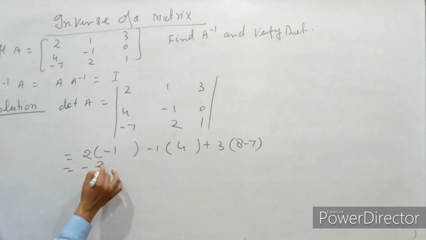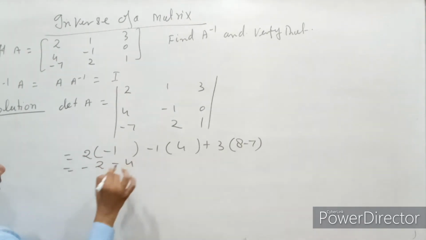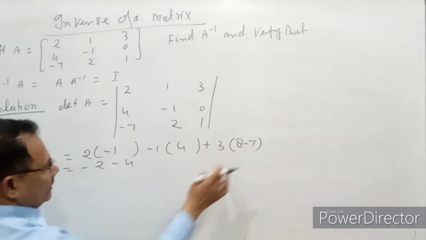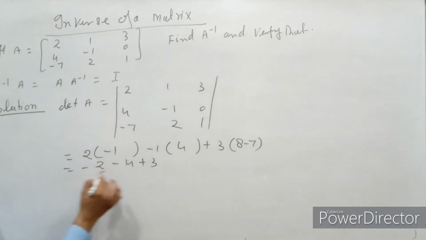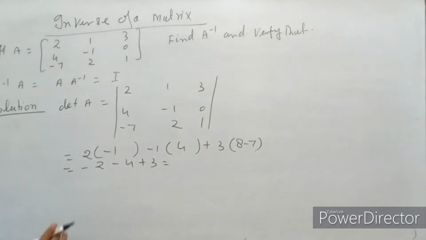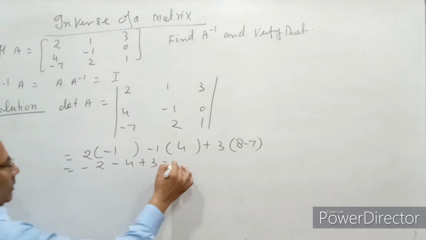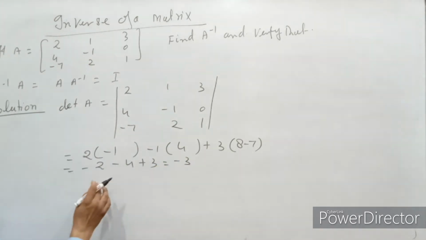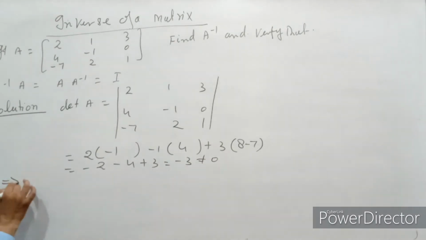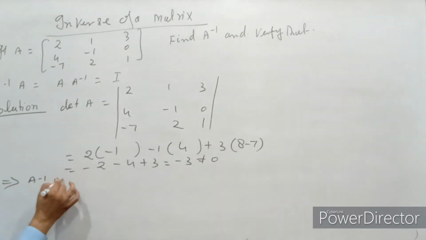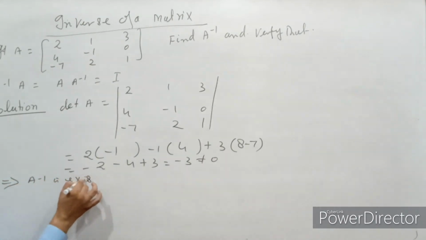This is equal to -2, -4, 8 में 7 गया 1, और that is plus 3, और this is equal to -3, and not equal to 0, and this implies that A inverse exists.